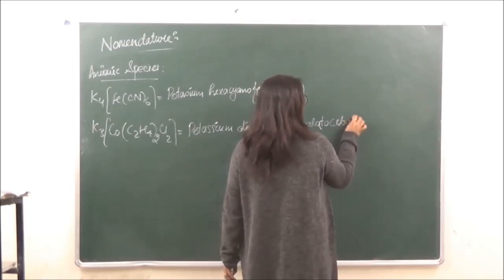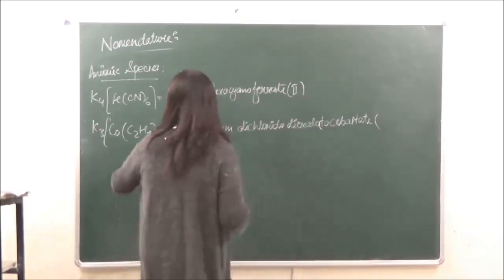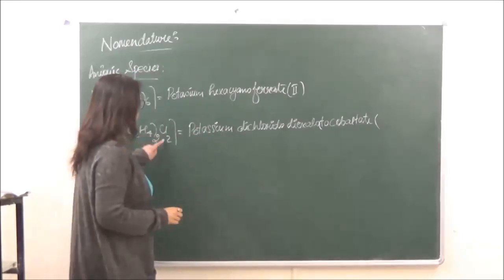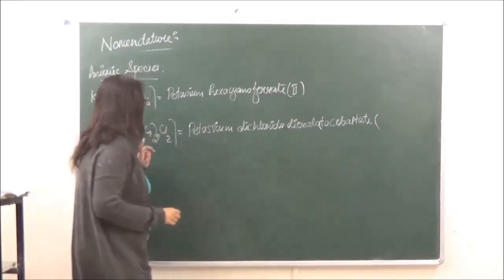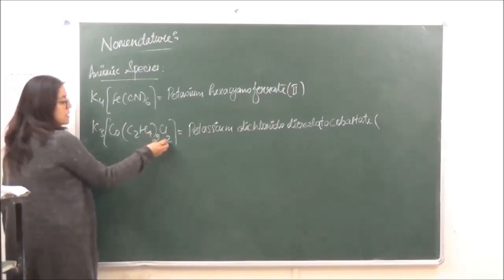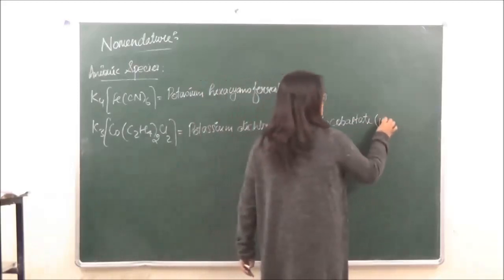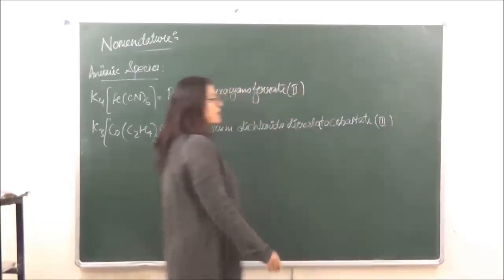cobaltate, and what is going to be the oxidation number over here? This is 4 minus 4, 2 2s are 4, now 4 and 2, 6, and 6 minus 3, that is equal to 3. So the oxidation number of cobalt is 3.